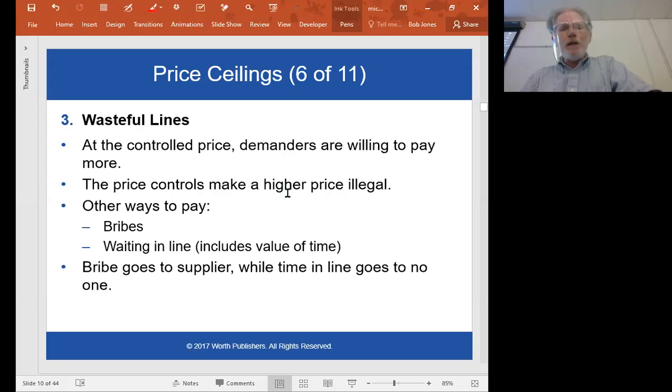The controls make a higher price illegal, but there are other ways to pay. You can bribe the producer. It may be the control price is $2, but you say, I'll give you 3, I'll give you 4. We would tend to think, well, you're breaking the rules, so that's illegal. That's definitely illegal. We tend to think, well, if it's illegal, it's immoral. That's bad. You shouldn't be doing that.